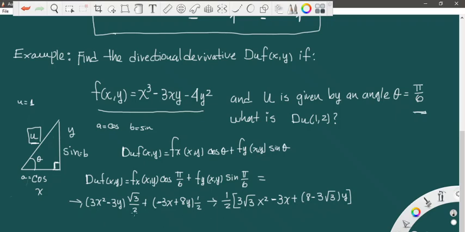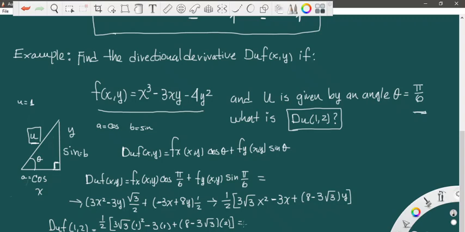And if we do the substitution, because we are required to evaluate the directional derivative at these values, we will see that capital D sub u f evaluated at 1, 2 is equal to 1/2 times 3 times the square root of 3 times 1 squared minus 3 times 1 plus 8 minus 3 times the square root of 3 times 2.